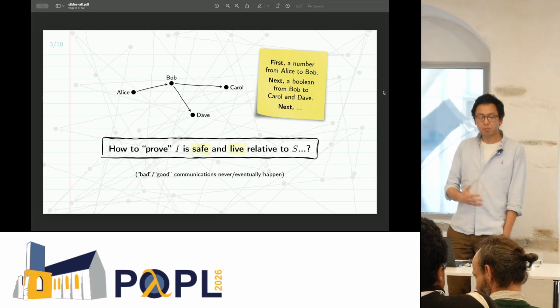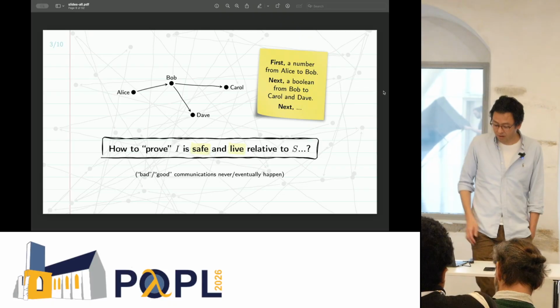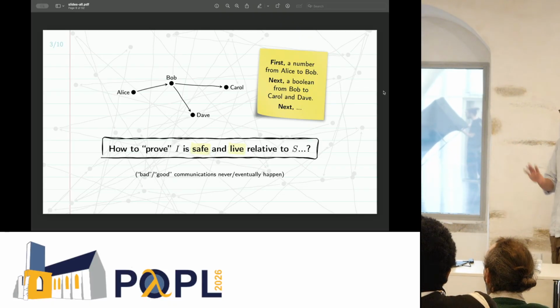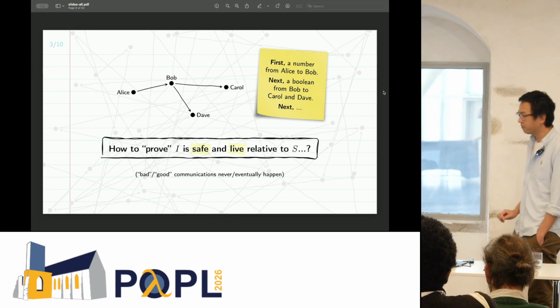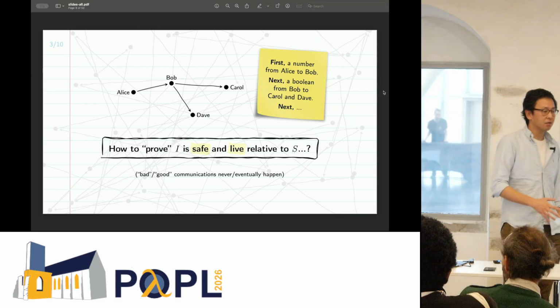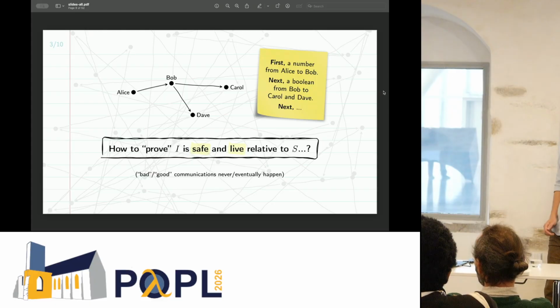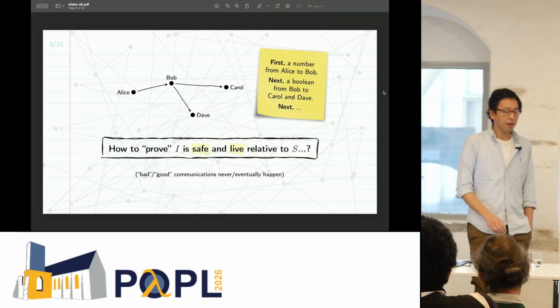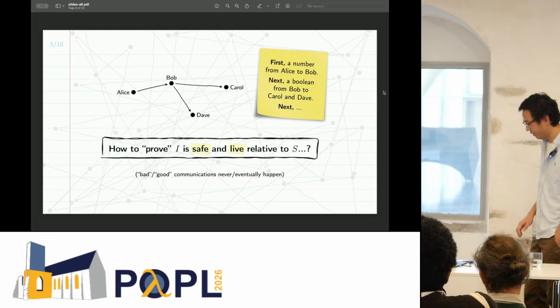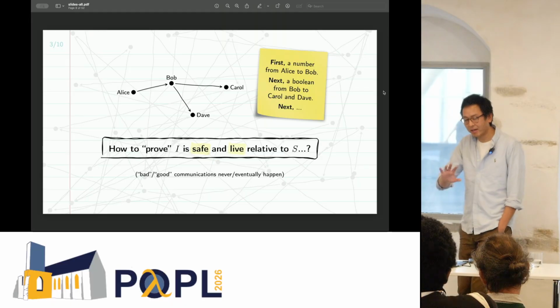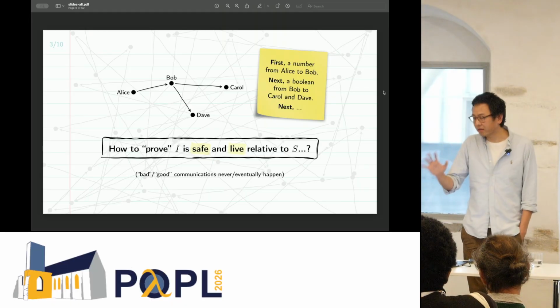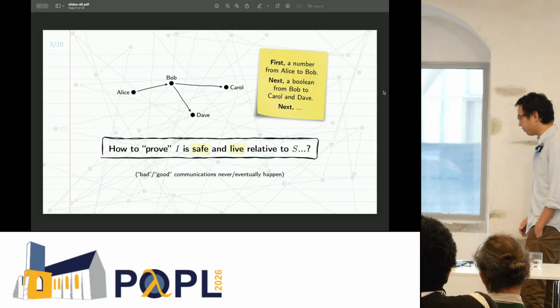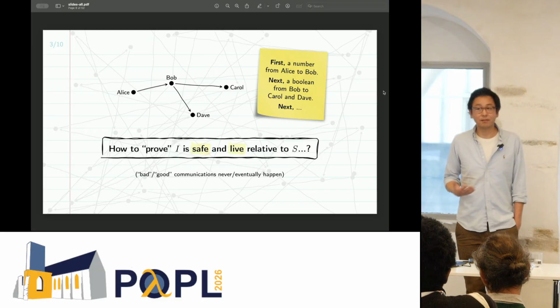Now, given these 3 pieces of information, one of the complicated challenges that we now need to address is somehow prove, or at least convince ourselves, that this implementation is safe and live relative to the specification, where safety means, informally, that bad communications never happen, while liveness means that good communications eventually happen until the program possibly terminates. Okay? Now, over the past 50 years, I think many techniques have been developed to help programmers with this, and as I mentioned before, we are looking at type systems.